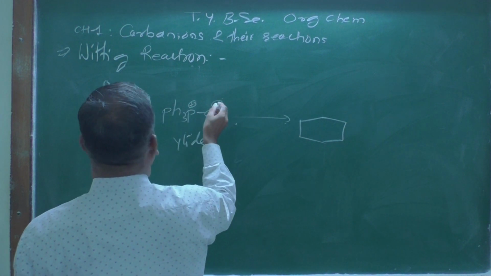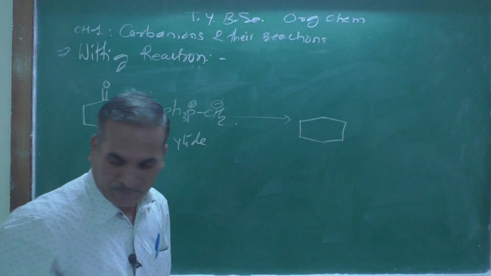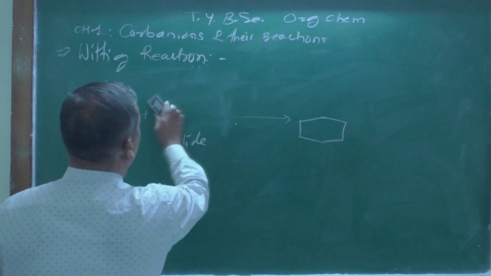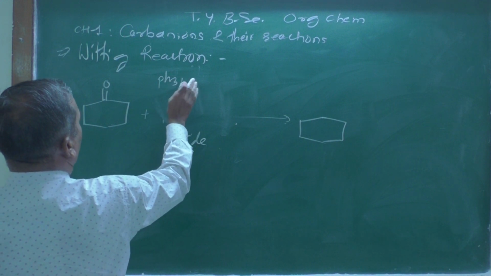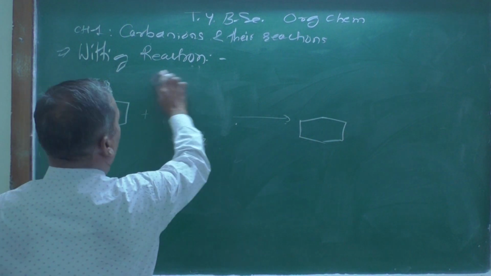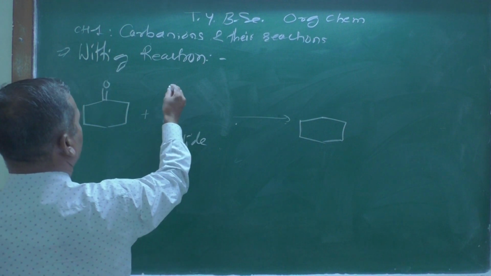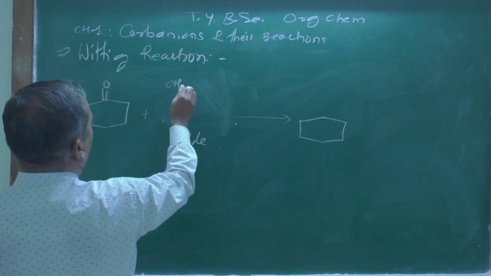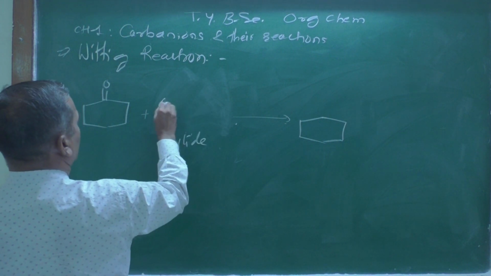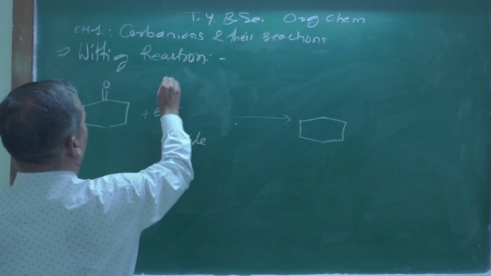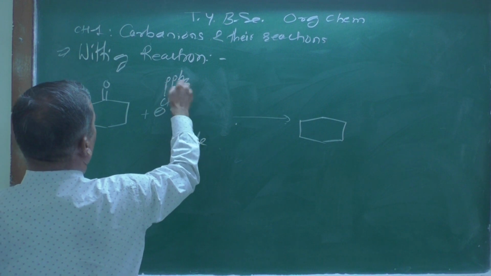You can arrange this molecule in this manner. Ph3P, then CH2 with a negative charge, and PPh3 with a positive charge.